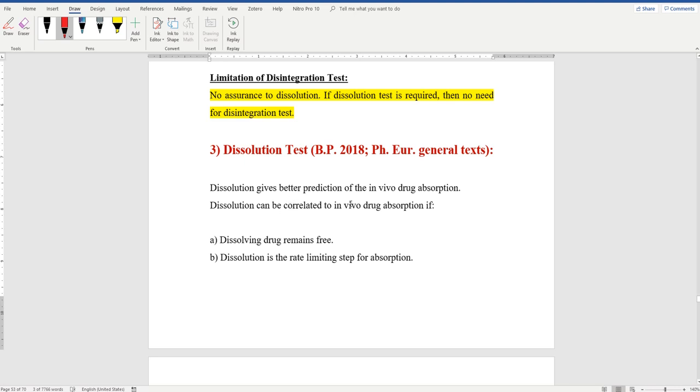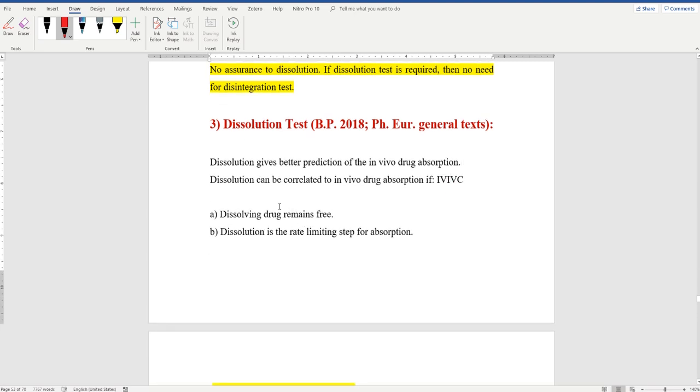Here it's proportionally correlated. It's proportional. The faster the dissolution, the faster will be the in vivo absorption. فبنحكي لها in vitro, in vivo correlation. Sometimes they give it the abbreviation IVC. شو يعني IVC? يعني in vitro, in vivo correlation.